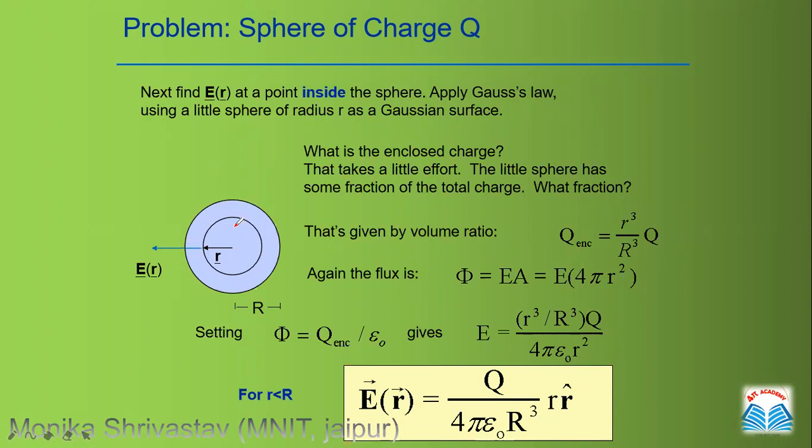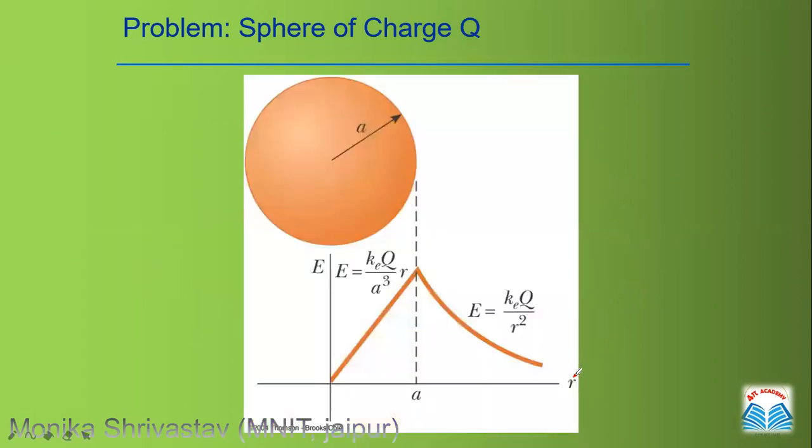So the Q enclosed will be in the ratio of volumes. We can conclude by this formula. Remember this formula always in your mind. And again we will get flux, and then the electric field will be Q over 4 pi epsilon naught R cube times r, in the r cap direction. R cap is direction.